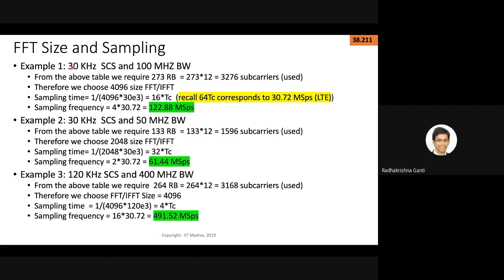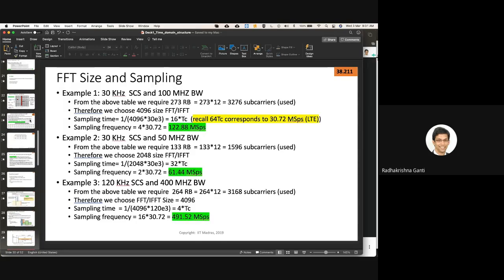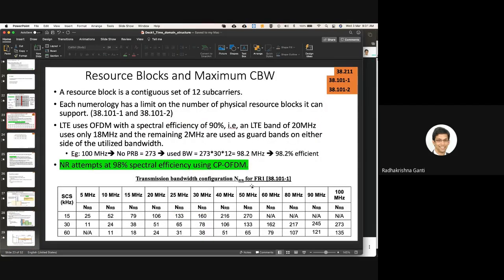Let's take the example of 30 kilohertz subcarrier spacing and 100 megahertz bandwidth. First of all, I have to go to this table: 100 megahertz and 30 kilohertz subcarrier spacing corresponds to a maximum of 273 PRB.